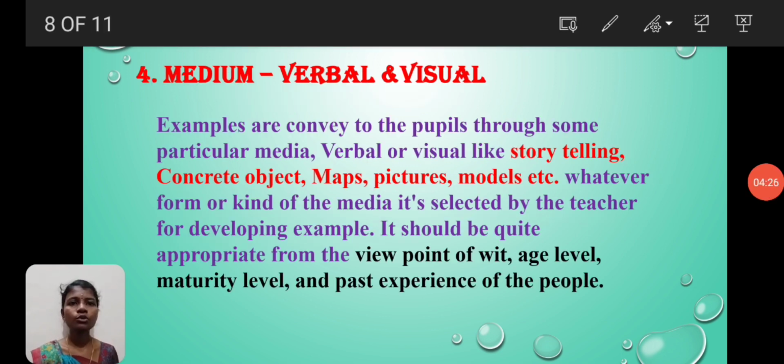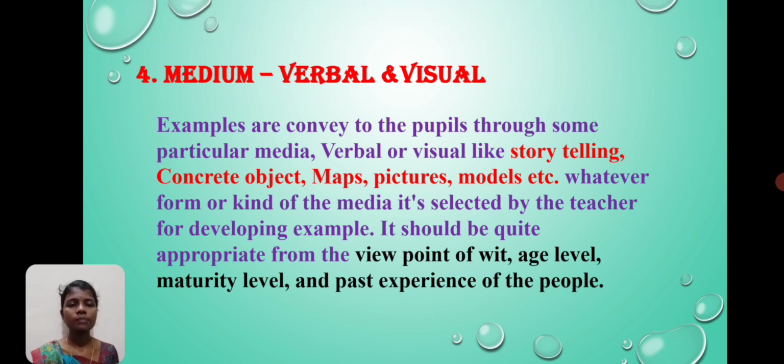And the fourth component is medium. In medium, there are two kinds of medium: verbal and visual, as I said before. The examples should be conveyed to the students by a particular medium or through a variety of media.